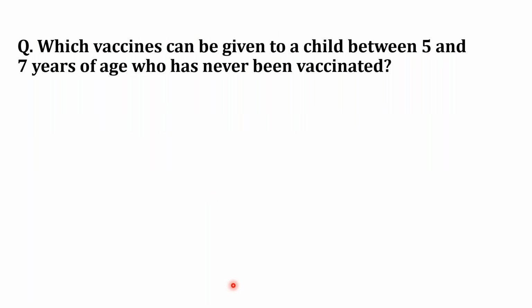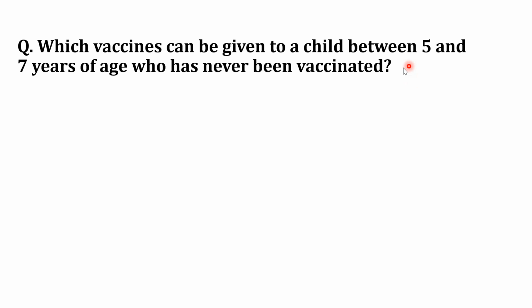Right? Now, to a child between 5 and 7 years of age who has never been vaccinated. So suppose a 6-year-old child comes to you, which vaccines will you give to that 6-year-old child as per the national immunization schedule which is used currently? So which vaccines can we give to a 6-year-old who is unimmunized? Yes, anyone?